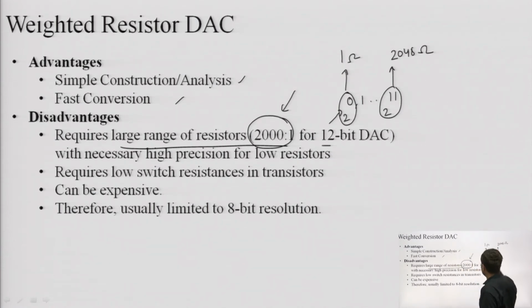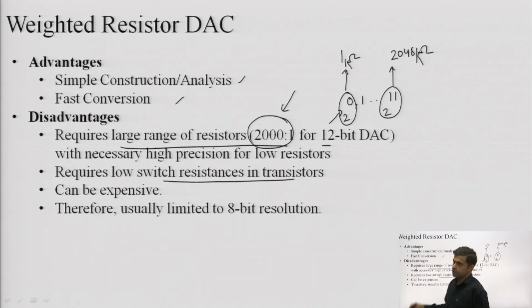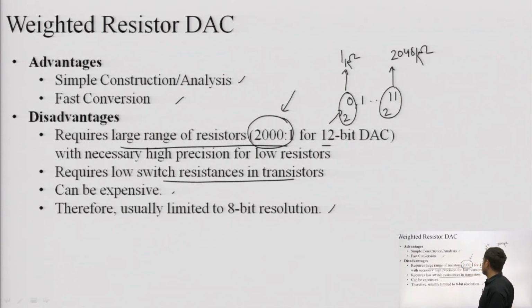So if we are taking in ohm, actually, although it can be in kilo ohm as well. So if this is 1 kilo ohm, then it will be that much kilo ohm. Okay. So it requires low switch resistance in transistors. Actually, we have shown it in the form of passive switches, but when we prepare an actual circuit, these will be transistor based switches, and it can be expensive, therefore usually limited to 8-bit resolution.